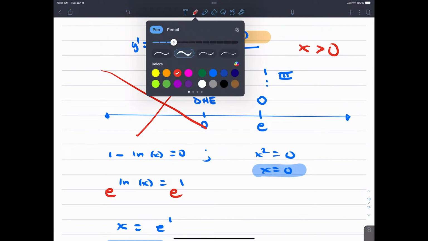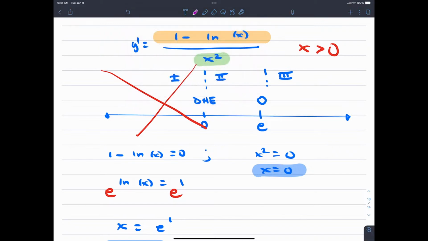So when I proceed and say, okay, we need some test points, e is about 2.718. Is that right? So I can use 2 as a test point, and I can actually use 3 as a test point. You guys see what I'm saying? And you're testing the first derivative. So if I put a 2 here, my denominator is positive, it's 2 squared.